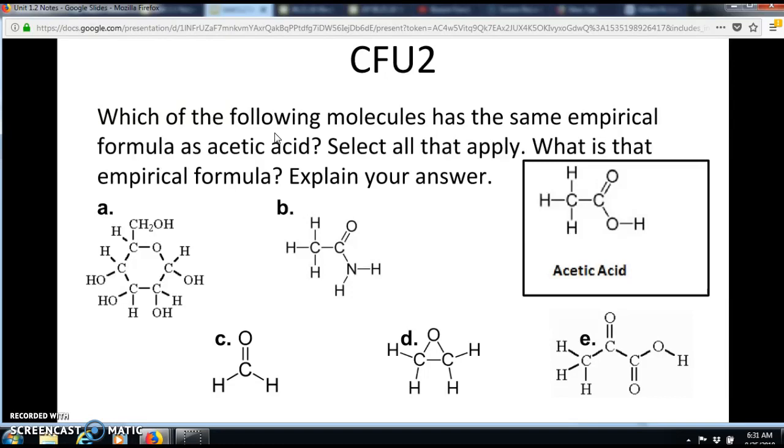So here's the CFU. You're going to try and figure out which one of these molecules has the same empirical formula as acetic acid. Quick suggestion: I would first find the empirical formula for the molecular formula for acetic acid and all of the other ones, and then write their empirical formulas and see which ones match.